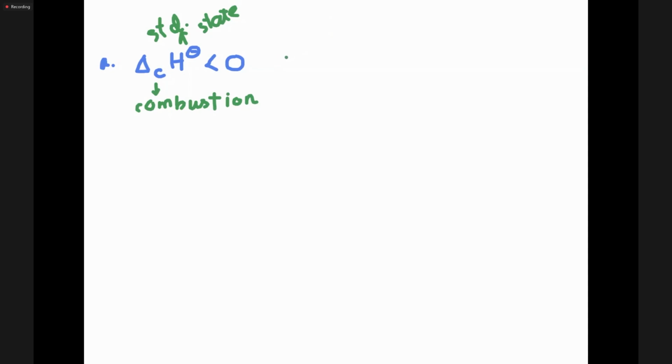So we have butane, that is C4H10, and it is a gas at room temperature. And we have to first burn it in oxygen.